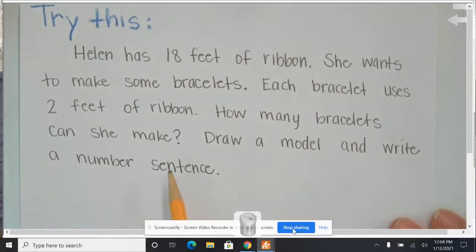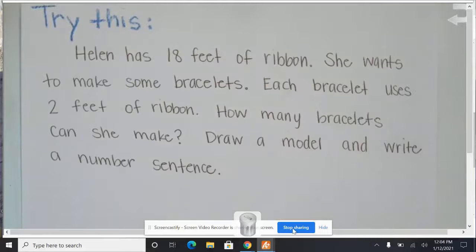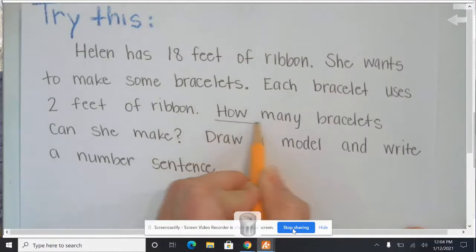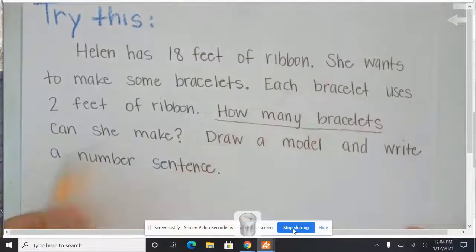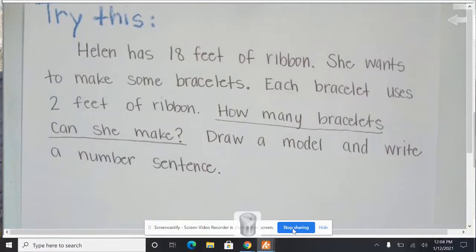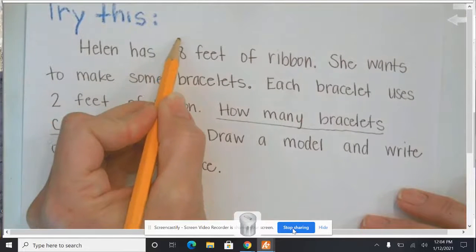So first I want to find out what am I trying to solve? What do I need to figure out? Well, I want to know how many bracelets she can make. So I'm going to underline the question. And then what does this tell me? What's the information that's going to help me solve this problem? Well, I know that Helen has 18 feet of ribbon.